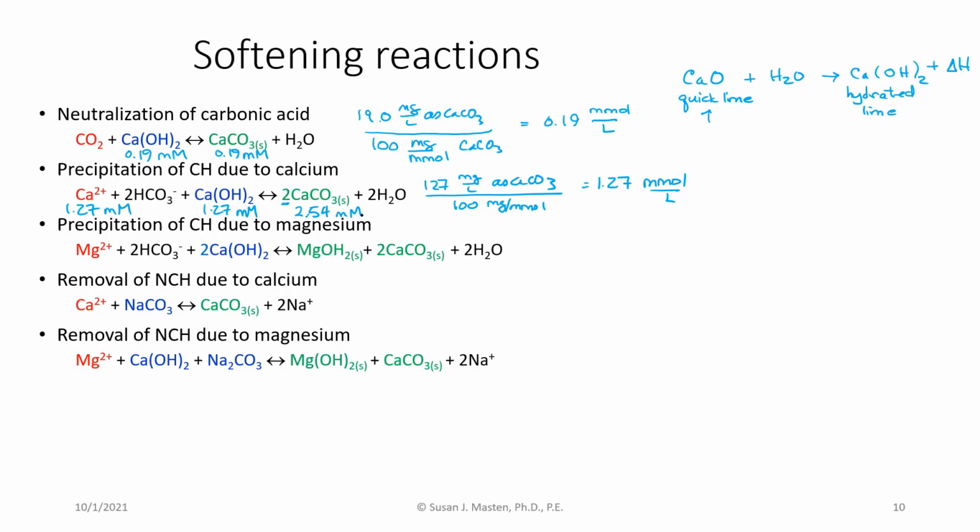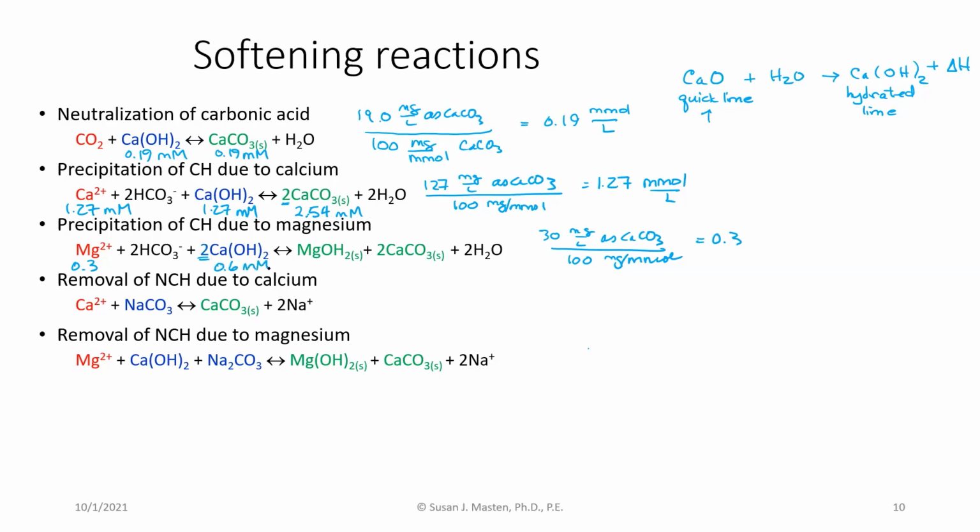The carbonate hardness due to magnesium is equal to 30 milligrams per liter as calcium carbonate. Divide by 100 milligrams per millimole, and that is 0.3. In this case, again, we have a stoichiometric ratio of 2 to 1, so we need 0.6 millimolar.